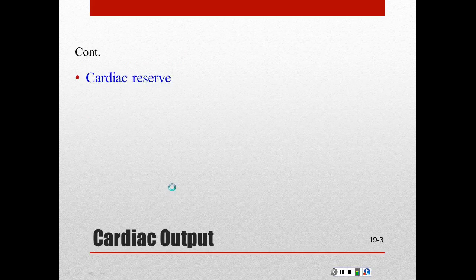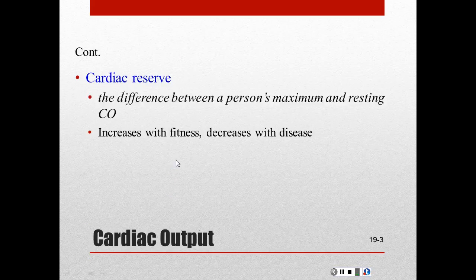Now the difference between maximum cardiac output and resting cardiac output is called cardiac reserve. So resting is when a person is sitting down just watching TV or reading a book or studying for my test, that will be your cardiac output.